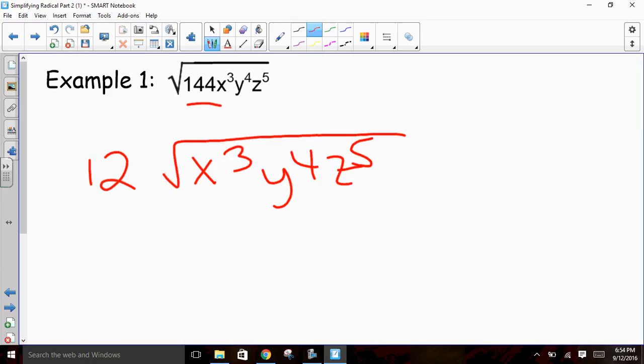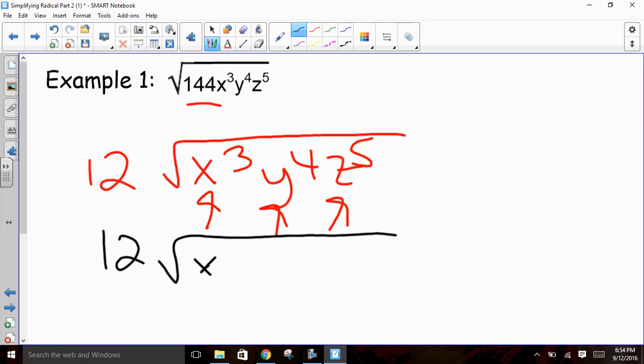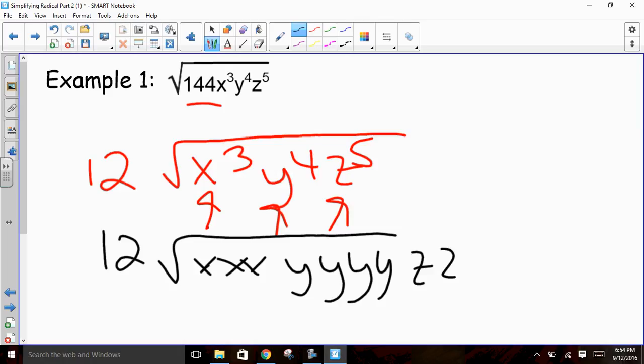Square root, think of the word square, deals with 2, right? So I want to try and get all of these variables into groups of 2. So I have 3 x's, 4 y's, 5 z's.